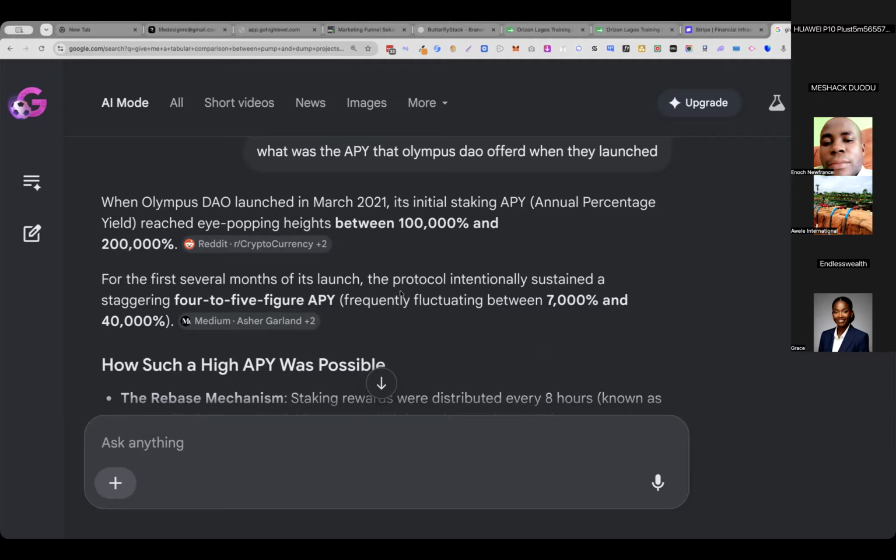But that APY was not static, because Olympus DAO argued that you cannot offer a flat and fixed APY in all market conditions. That is not realistic. The APY needs to reflect current market conditions.